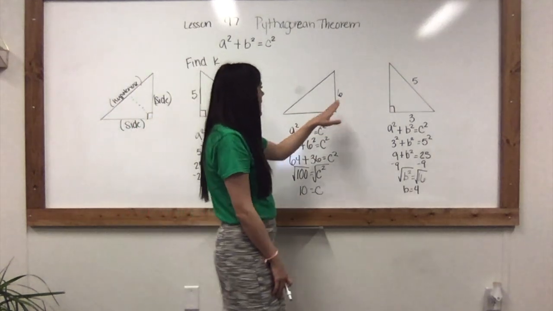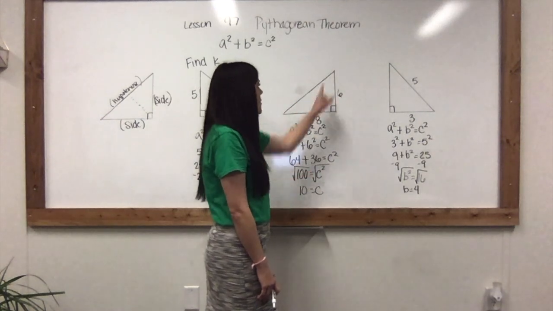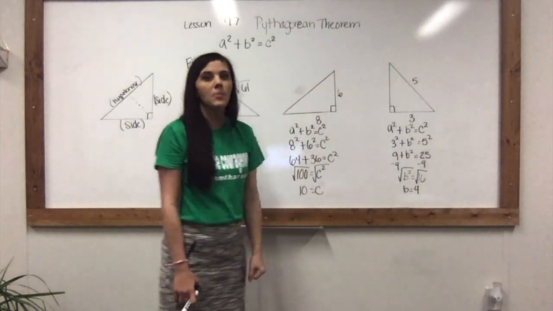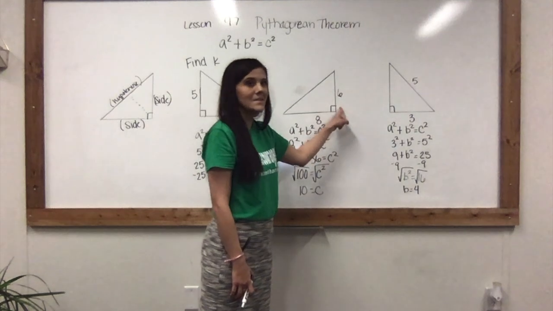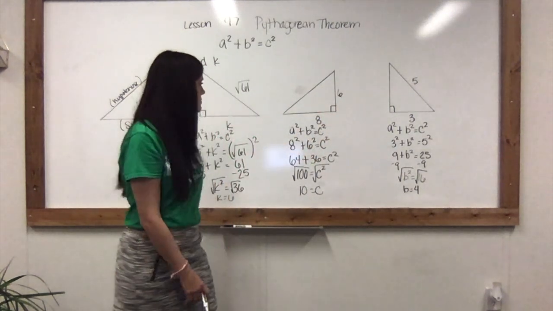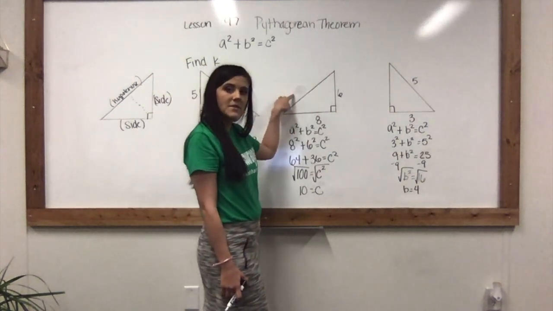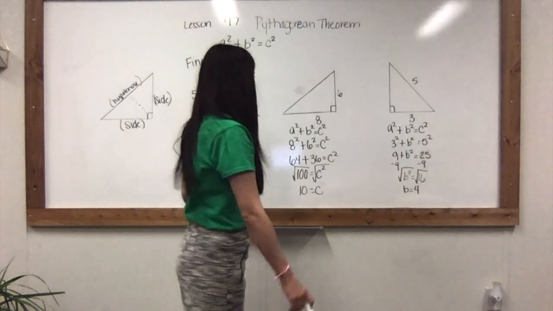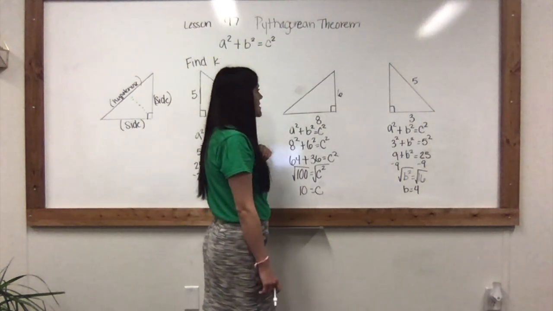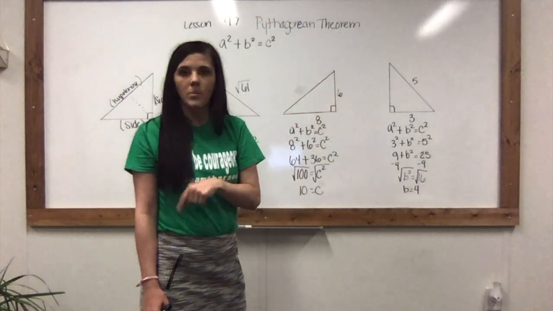So let's look at what this formula would look like, okay? We have been given the sides of this triangle right here. We know that this side would be 6 units, and then the base is going to be 8 units. So we are missing our longest side of this triangle, the hypotenuse. So I'm going to plug this into the formula. It doesn't matter which one of these is a or b, okay?